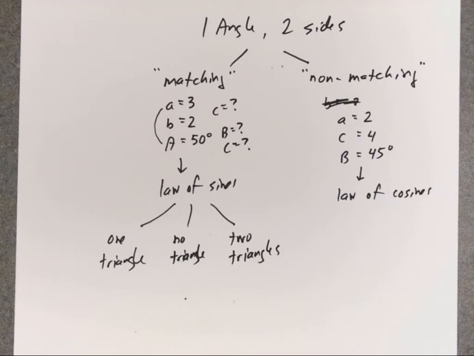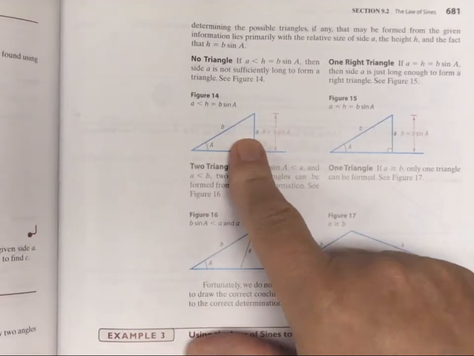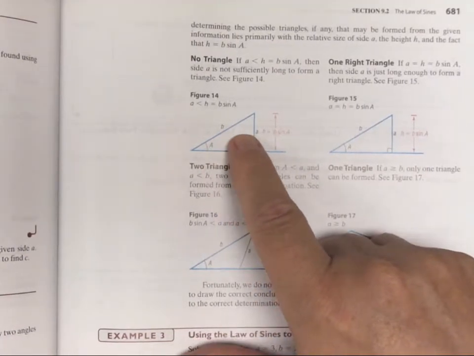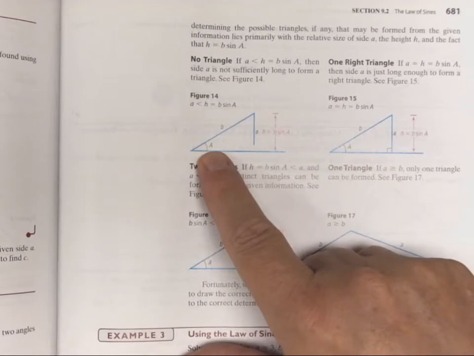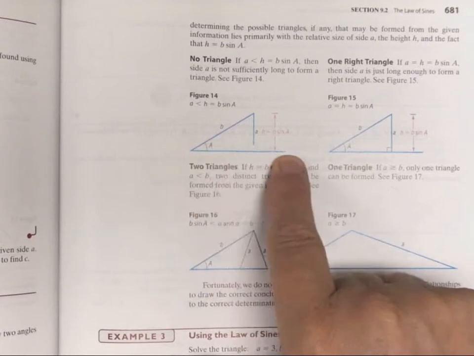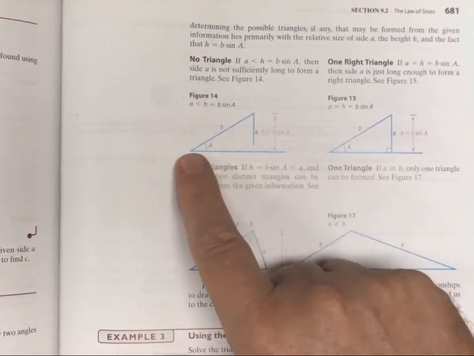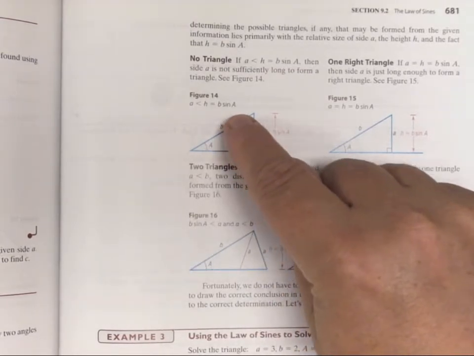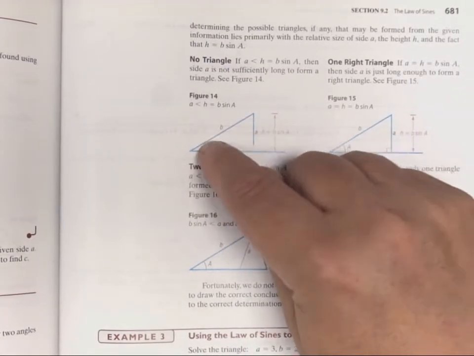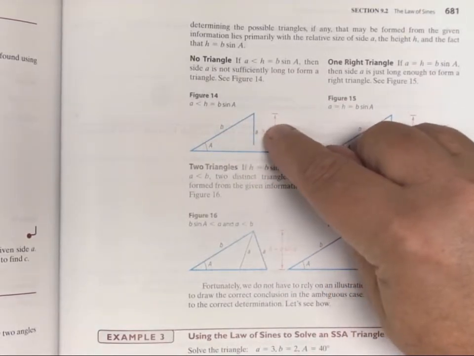Now what's interesting is I brought the textbook along to sort of show you. Here's an example where they give you side B, angle A, and side A. And look at what's happened.